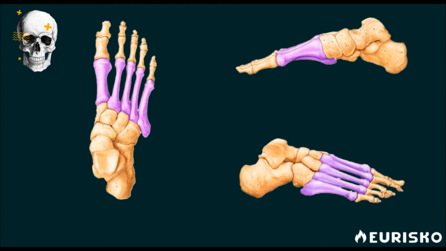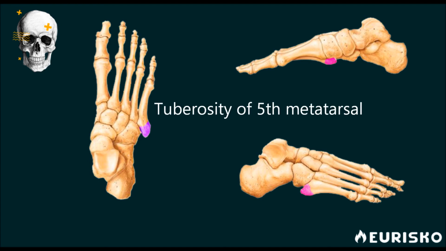Each bone consists of base, body and head. The biggest bone is situated medially and it is called first metatarsal. We also have an important landmark in this region, tuberosity of the 5th metatarsal bone.